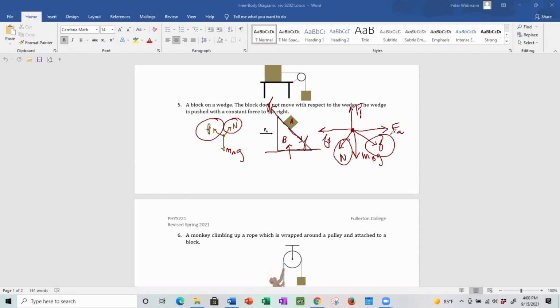But FA, this one right here, only acts on block B. It's tempting to want to say, well, if it's acting on B, then it must be acting on A. But that's not true, because it isn't the applied force FA that's making A accelerate. What's making A accelerate is the normal component of N. So N pushes on this, and that makes A accelerate.